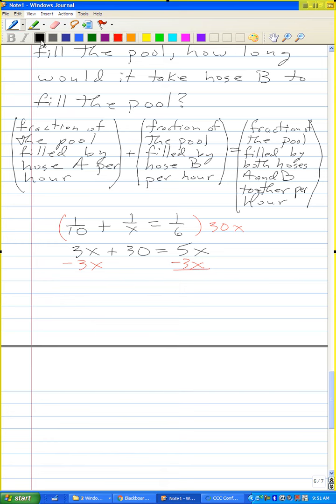And so I have that 30 equals 2x. Divide both sides of my equation by 2. And so x is equal to 15. So the answer is 15 hours. So it takes hose B 15 hours to fill the pool.